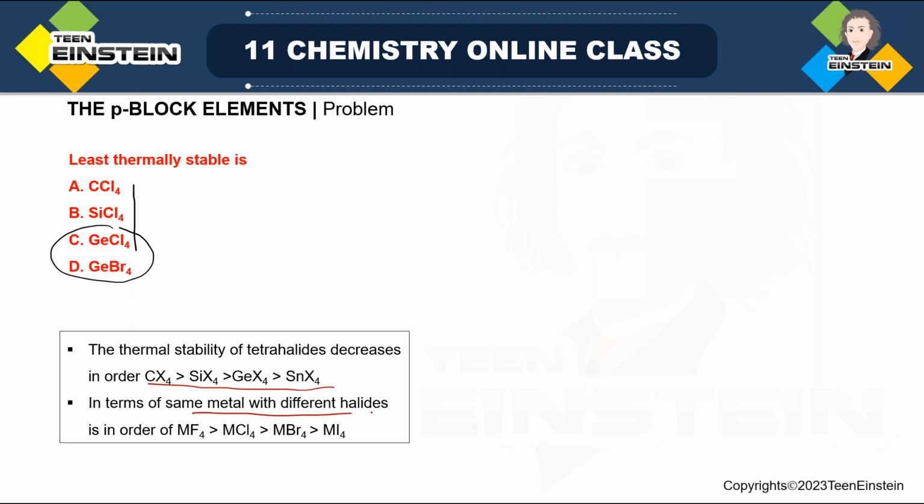And in terms of same metal with different halides, better we say element, not metal, because all these elements are not metals. So with same element but different halides, now the order is like this. So considering all this, GeBr4 should be the least thermally stable species.